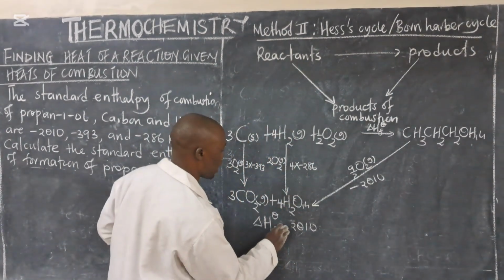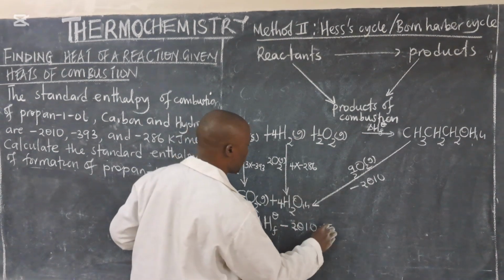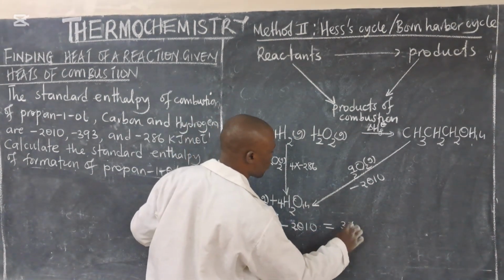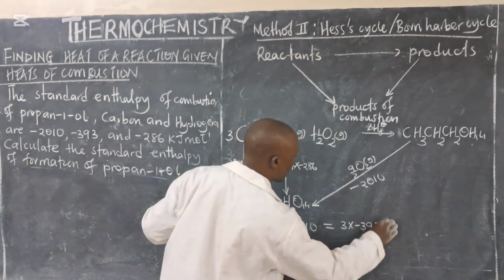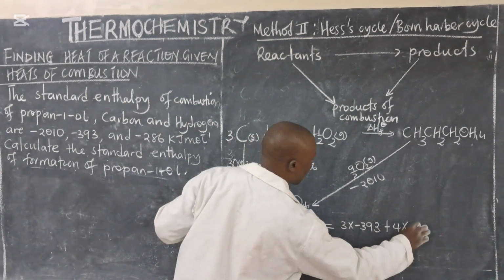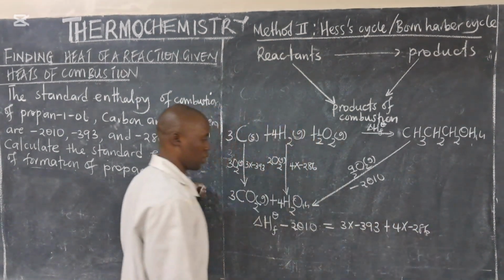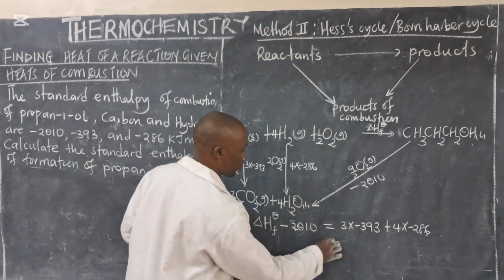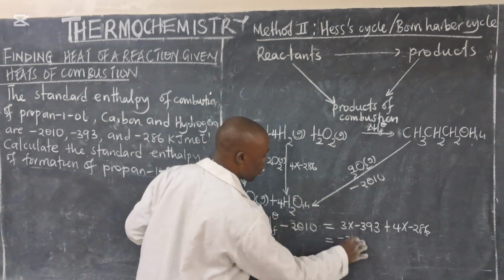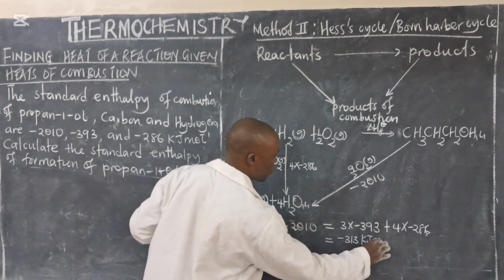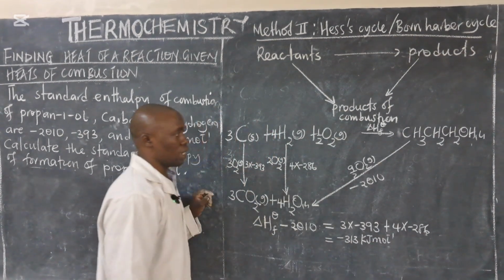So this is going to be minus this, giving us this value, 393 plus 4 negative 286. Of course, which on simplifying gives you negative 313 kilojoules per mole.